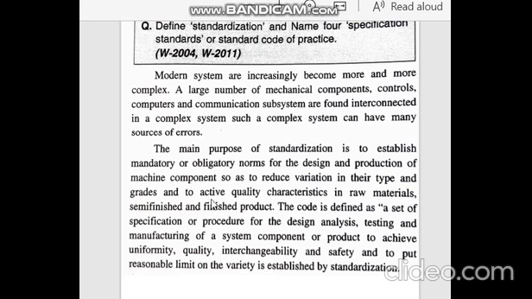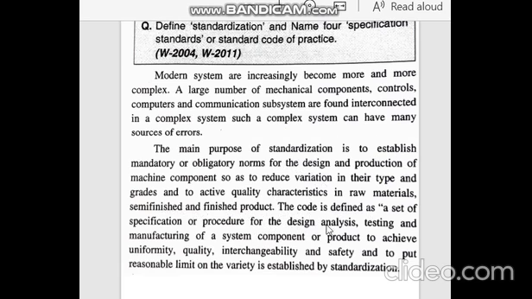Their grades and their quality characteristics and their variations, to have a control over all this, we use standardization. And there is something called a code also. One is standard, another is code.